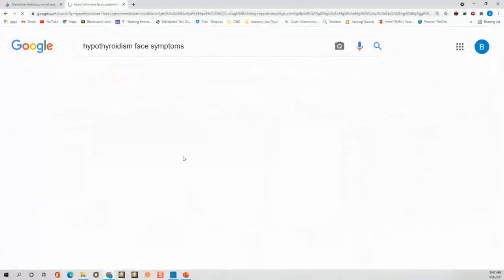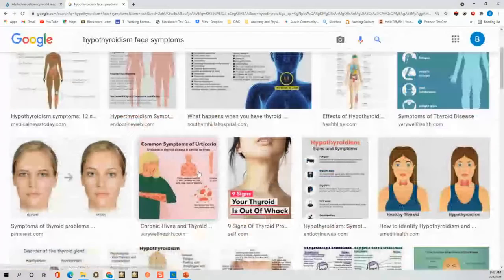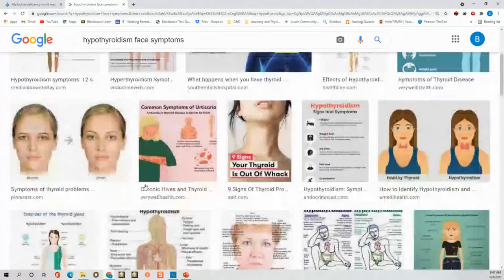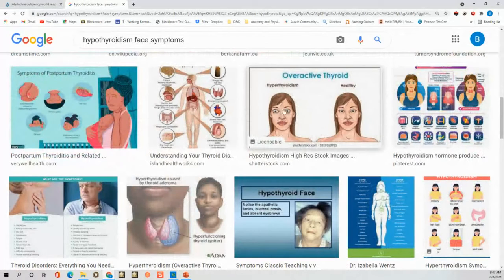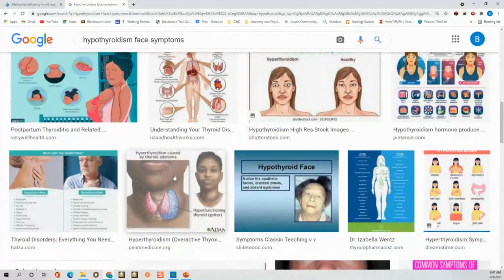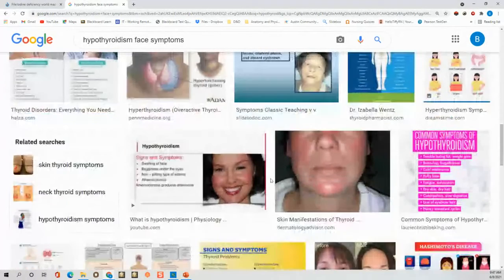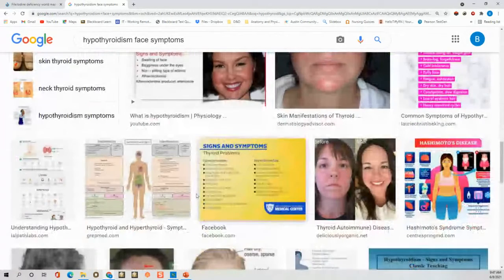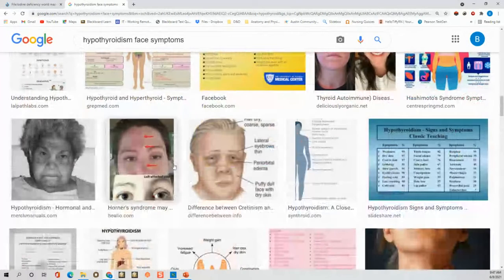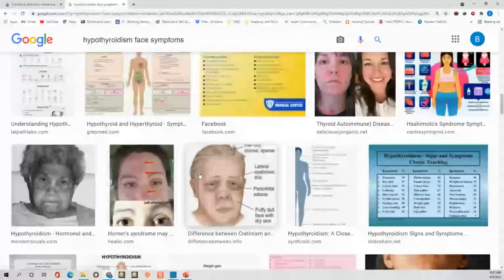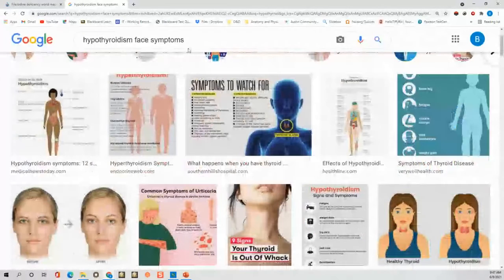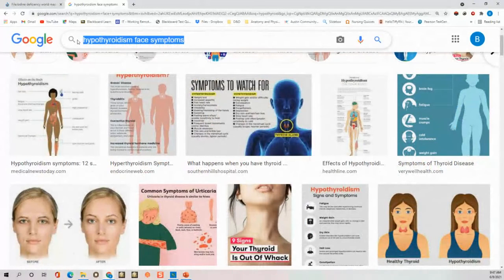So there's something called exophthalmos, which is bulging eyes, and you get rosy cheeks. You have weight gain, that sort of stuff that occurs in a hypothyroid patient. I wish I'd had better pictures for this.